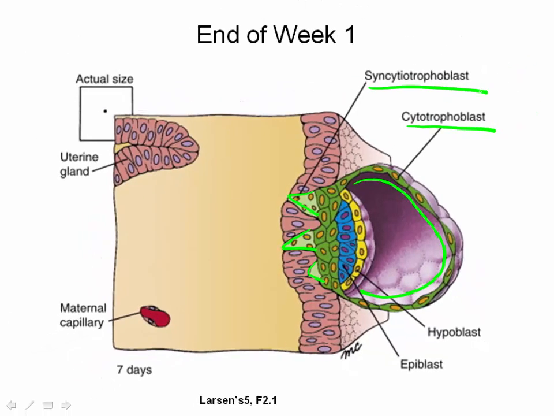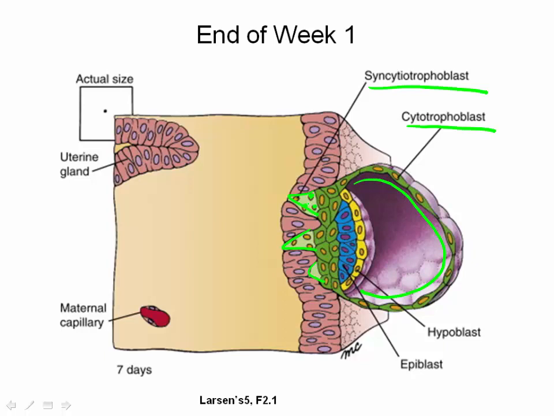The term syncytium simply refers to a mass that contains several nuclei as a result of multiple cells fusing together. And you can see this within the syncytiotrophoblast layer as evidenced by the presence of several nuclei. Functionally, the syncytiotrophoblast is a highly invasive tissue which begins to erode its way into the endometrium. At the same time that the trophoblast cells are differentiating, the embryonic cells also begin to separate into 2 layers.